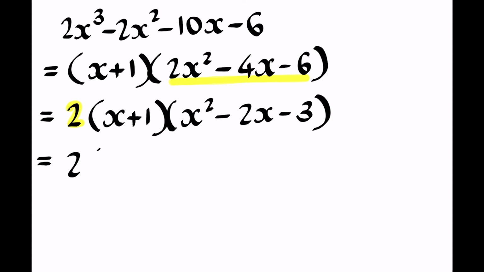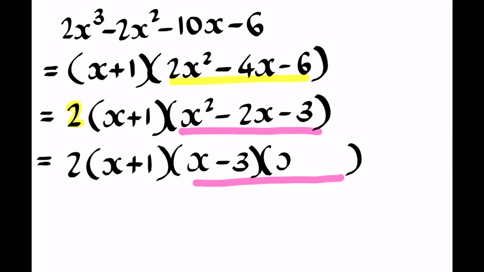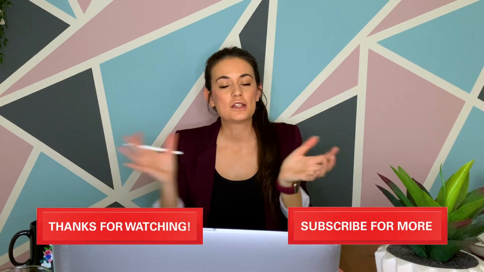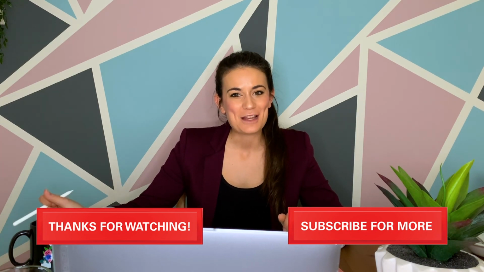Keep my common x plus 1. That trinomial would now be able to be factorized into these two brackets of x minus 3, x plus 1. So then I'd be able to clean it up, put the x plus 1s together, square it, and I would be able to find my x-intercepts like that.